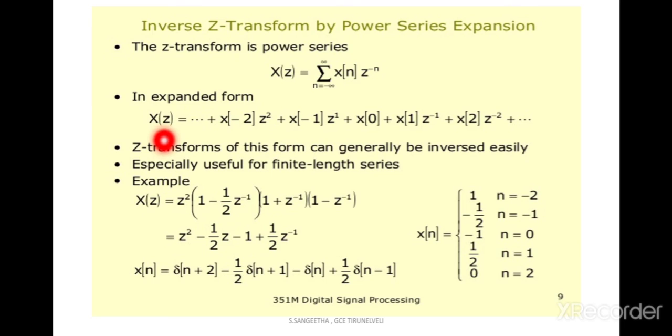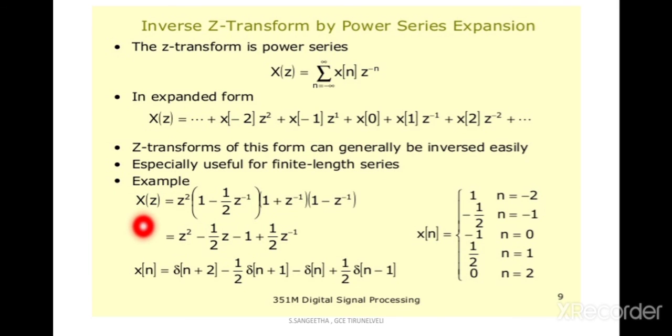The expanded form will be capital X of z is equal to plus x of minus 2 z to the power 2 plus x of minus 1 z to the power 1 plus x of 0 plus x of 1 z to the power minus 1 plus x of 2 z to the power minus 2, up to infinity. So the inverse z transform of this form can generally be found easily. Especially we are using it for finite length series.